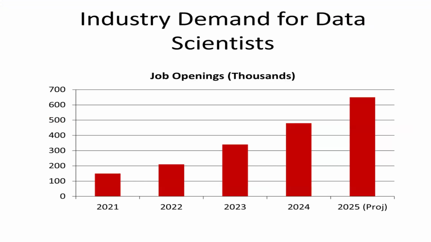If you see the job openings for data scientists, in thousands, it was 600 into 1000, like 6 million jobs in 2015 compared to 1 lakh jobs in 2021. This is the graph. Before 2017, this kind of data scientist role was not there.